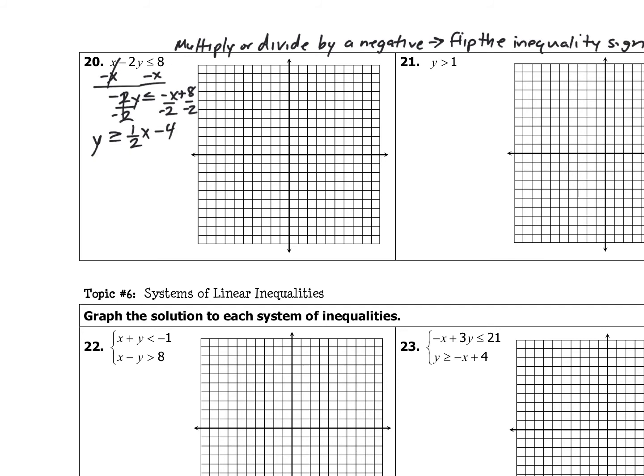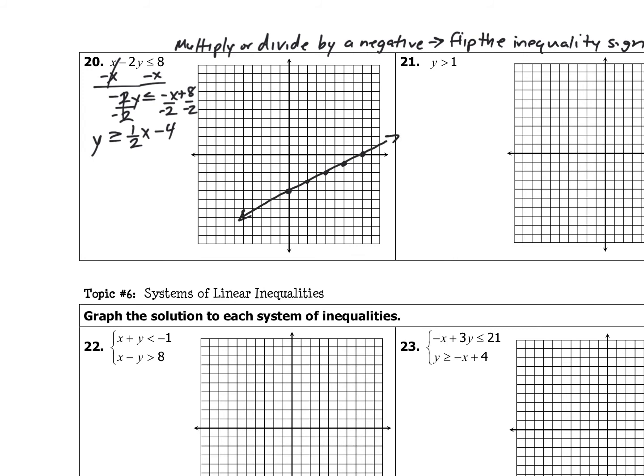So I start at negative 4 on the y-axis. 1, 2, 3, 4. This is graphed just like an equation. Since it's greater than or equal to, I have a solid line. The slope is 1/2. That's up 1 over 2, up 1 over 2, up 1 over 2, up 1 over 2. Connect the dots.